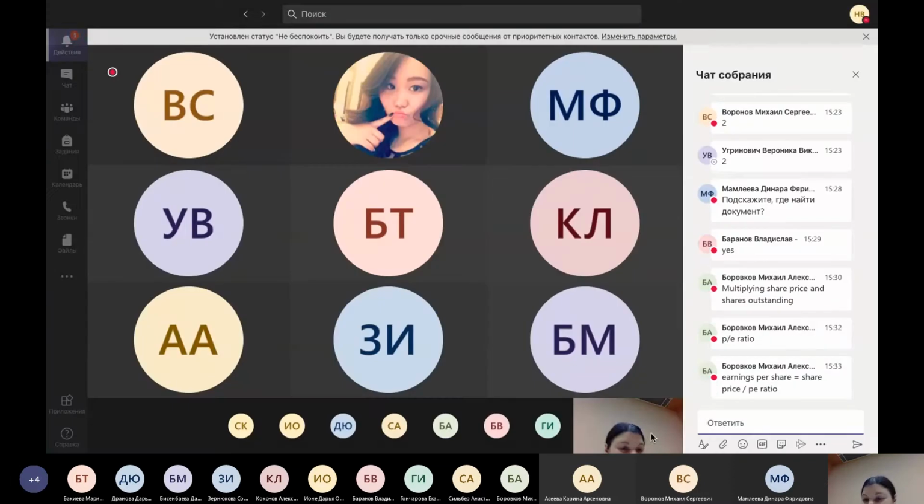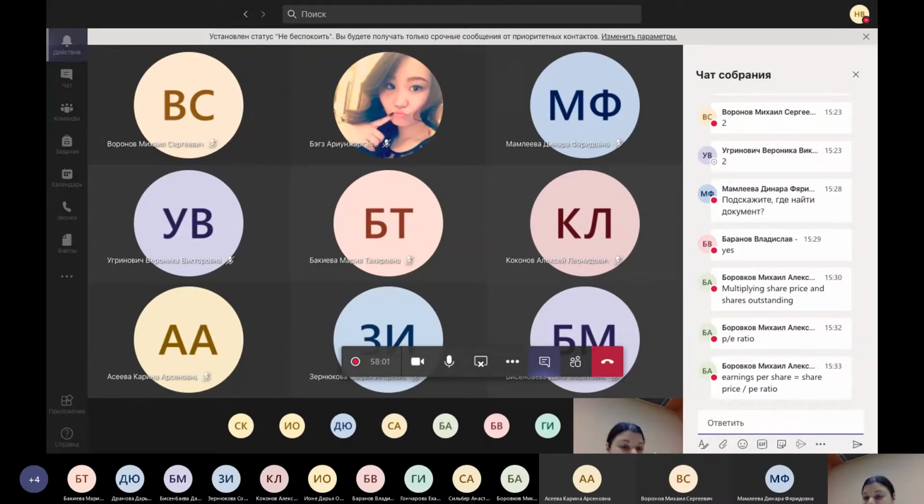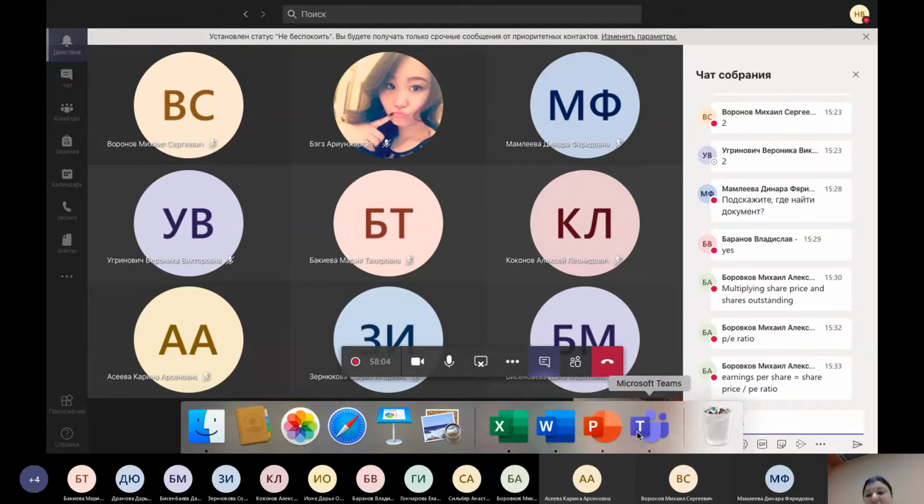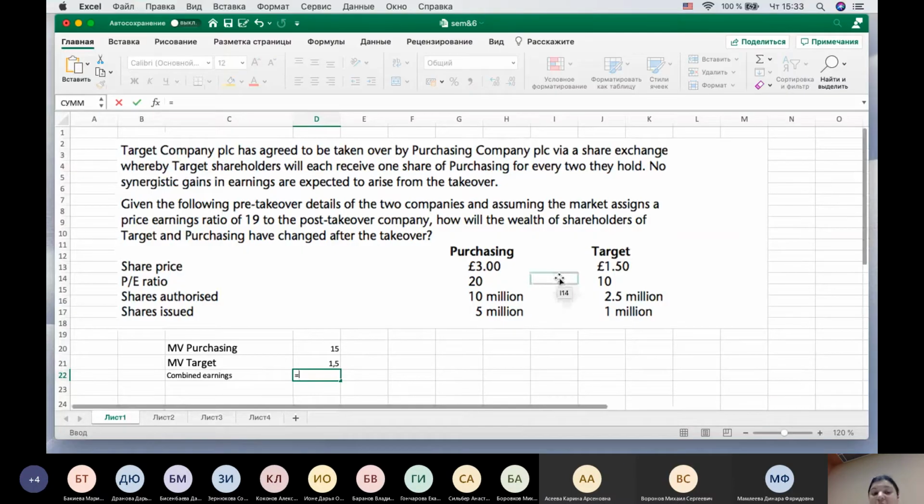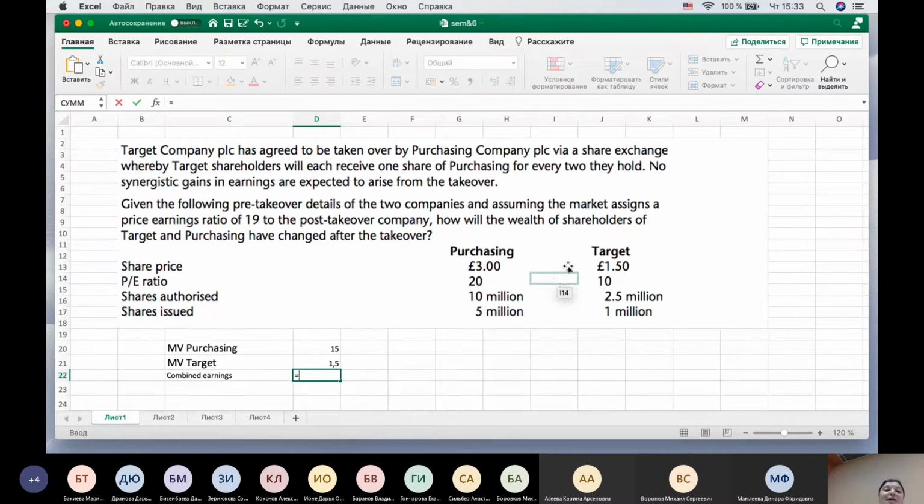Calculations, good. Earning per share is share price divided by pay ratio, exactly, and multiply by the amount of shares. As we have market price to earning equals 20, we have to find our earnings. It will be 3 pounds divided by 20, our coefficient, and multiply by the amount of shares issued, 5 million, plus 1.5 divided by 10, the same.